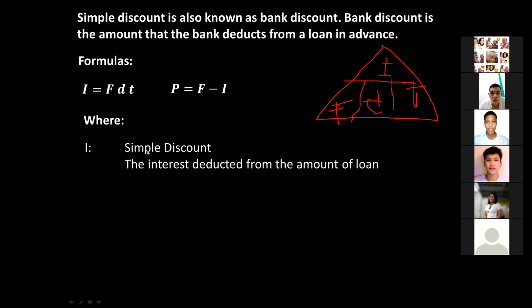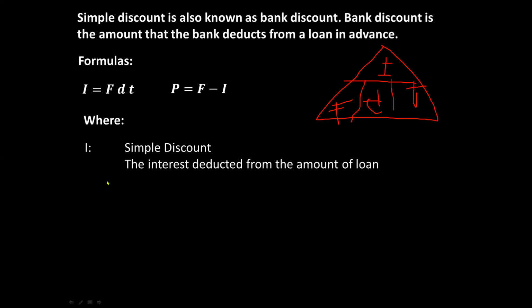I is the simple discount, the interest deducted from the amount of loan. Kumbaga, kinuha na kagad yung interest. Kinuha na kagad yung tubo. Kung umiram ka ng 5,000, kung 5,000 yung full amount mo, hindi naman totoong 5,000 ang ibibigay sa iyo.